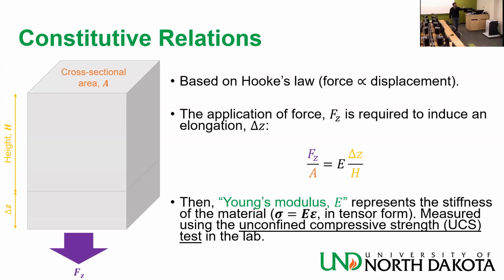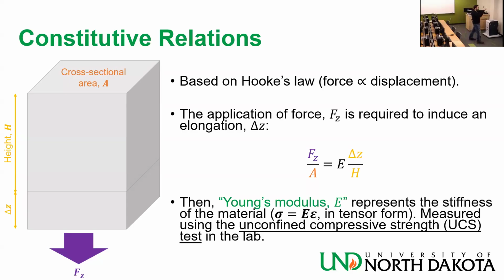I get the extra delta Z. Here, I apply force Fz, force F in the direction Z, across cross-sectional area A, and I got the elongation delta Z from the initial height H.